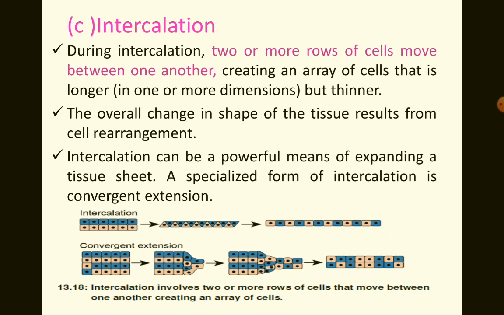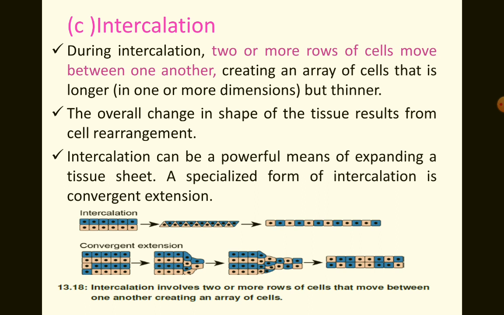Here, if you observe the diagram, you have two different types of cells, one in blue and one in peach. During intercalation, the cells change their shape to accommodate each other, and finally they form a new layer with alternating cell types, and thereby the cells also become a little thinner.